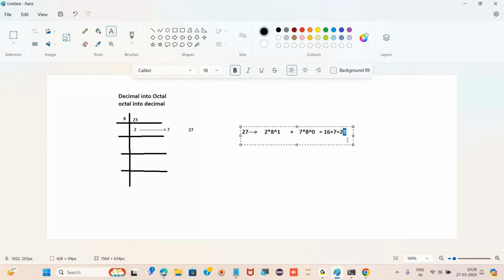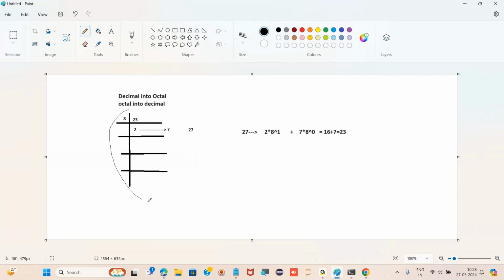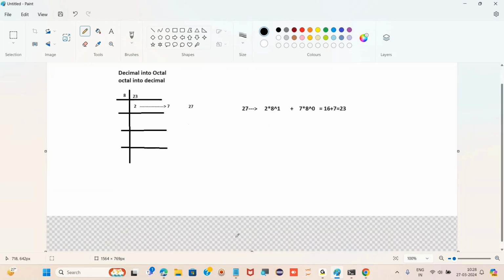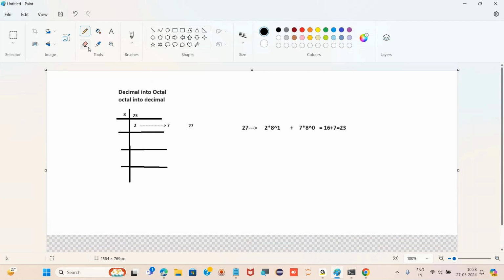So this is how we can calculate. In one case we are converting decimal into octal, and in this case we are converting octal into decimal. This is simple. Now when it comes to, let me do one thing.